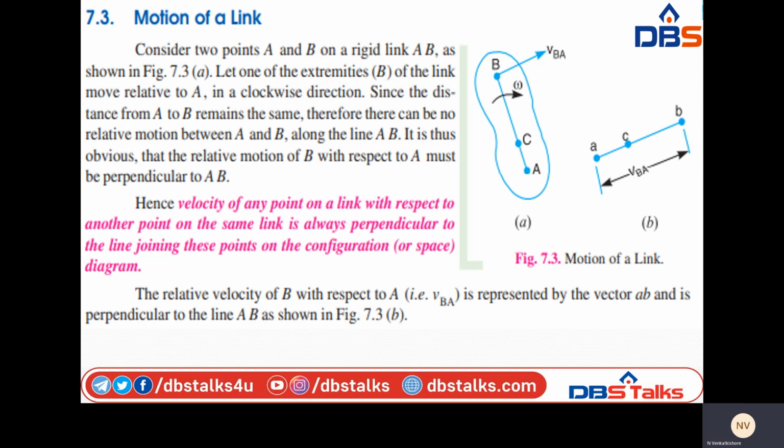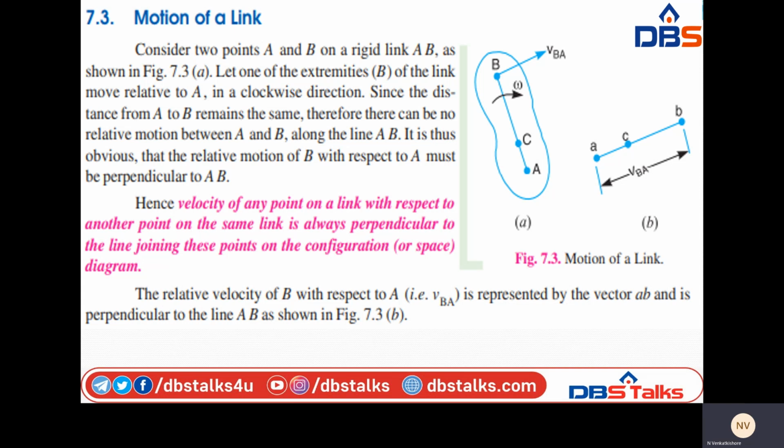Since the distance from A to B remains the same, there can be no relative motion between A and B along the line AB. It is thus obvious that the relative motion of B with respect to A must be perpendicular to AB.